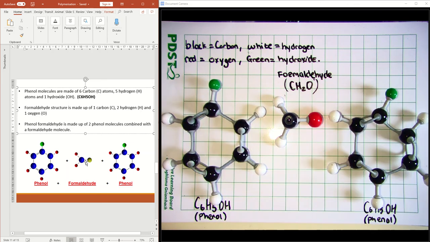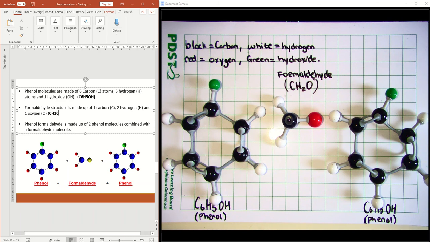Okay. Now, looking at the formaldehyde structure. Formaldehyde is made up of 1 carbon atom, 2 hydrogen atoms, and 1 oxygen. Okay. So the formula for this is going to be CH2O.